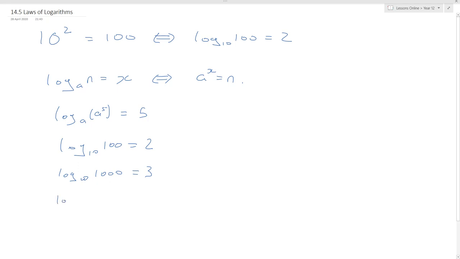And if we look at log to the base 2 of 8, our solution is going to be 3, because 8 is the same as 2 to the power of 3. Log to the base 2 of 2 to the power of 3 is equal to 3.